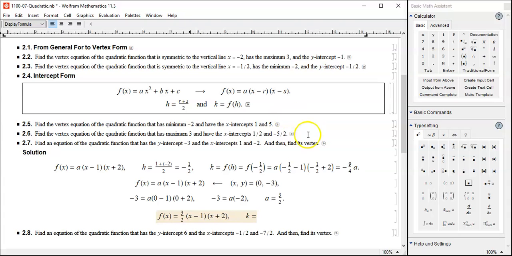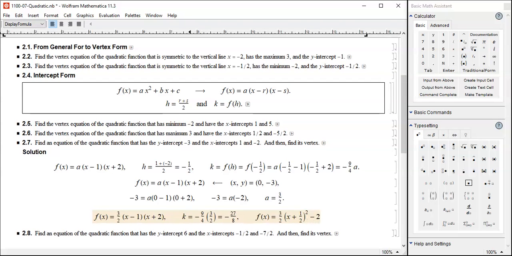Also, k is, let's see, -9/4 of a, and that is -27/8. Is that right? So therefore, the a value is 3/2, and what's h? -1/2.